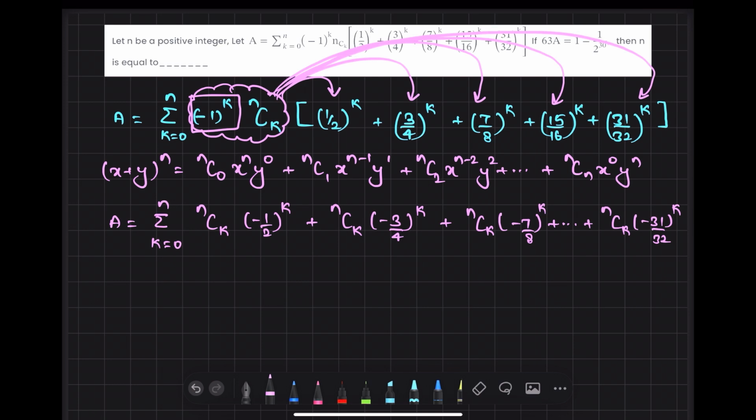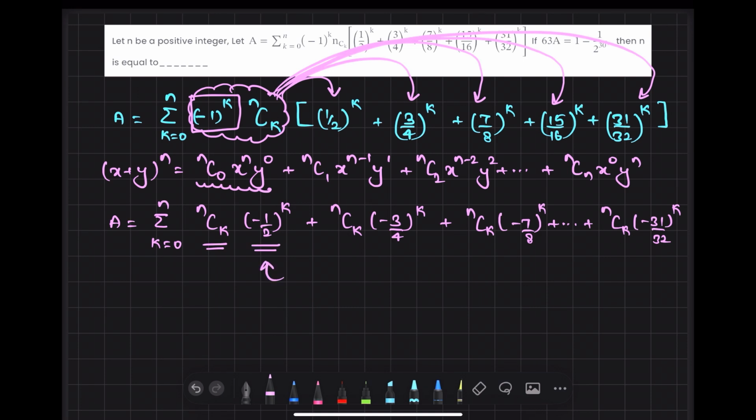Okay. So look at this. You know that you will have all the binomial coefficients, means you will have nc0, nc1, nc2, nc3, and for that corresponding you have all the powers of minus 1 by 2 as well. Now try to recall your expansion. In that there exist binomial coefficient, x and y. So you have binomial coefficient and you have this person.